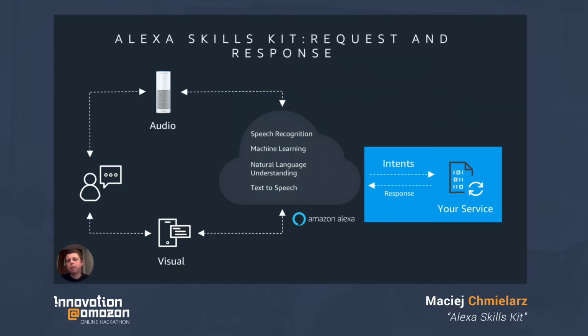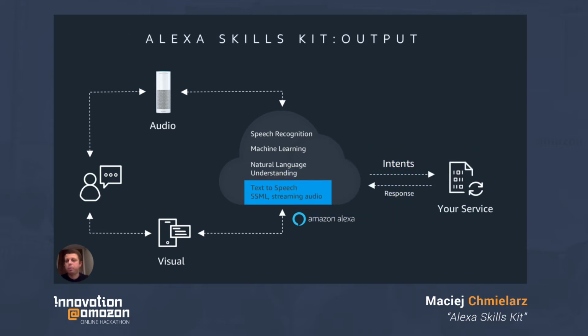So your service gets all the information from the user input that it needs, acts on it, and prepares some response for the user. This response is fed back to Alexa, to the cloud, where our text-to-speech service turns it into speech, and this spoken response is streamed back to the user through the device.